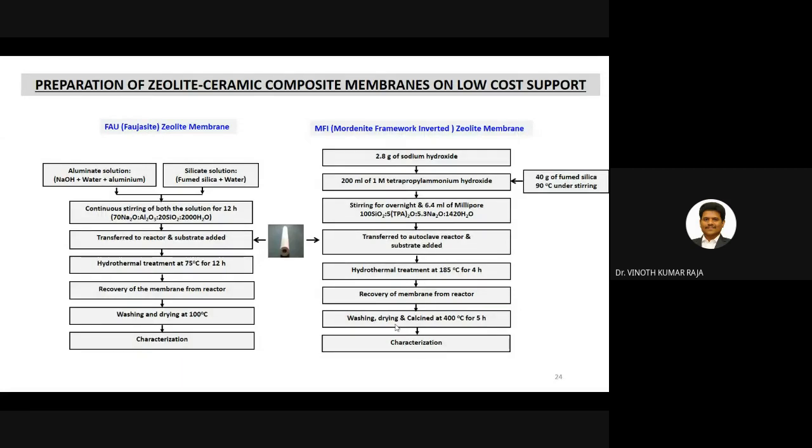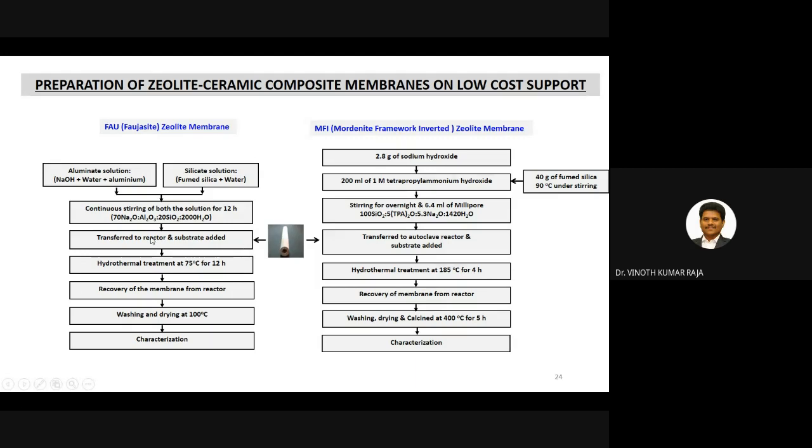For making this FAU zeolite membrane, aluminate solution and silicate solution are mixed and continuously stirred for 12 hours with the composition provided over here. This solution mixture was transferred to the hydrothermal reactor, where the prepared membrane material, used as a substrate or support material to make the zeolite membrane, was kept inside the reactor.